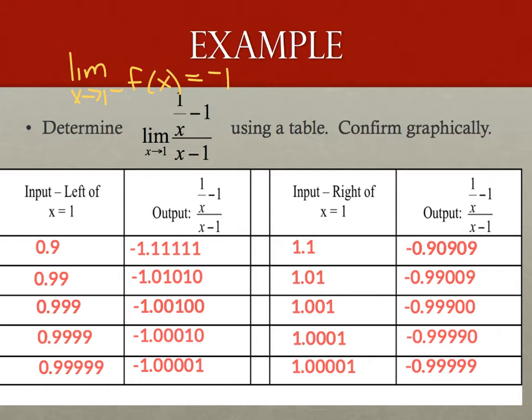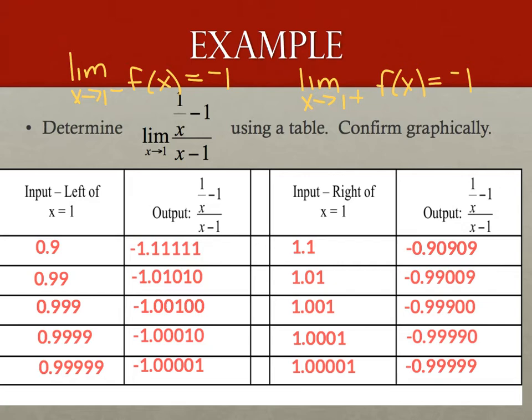Now on the right side, as my input values are bigger than 1, my output values are also approaching −1. So we'll have the limit as x approaches 1 from the right of our function also approaching −1. I hope you see how I'm making sure my output values get closer and my input values get closer as we go.